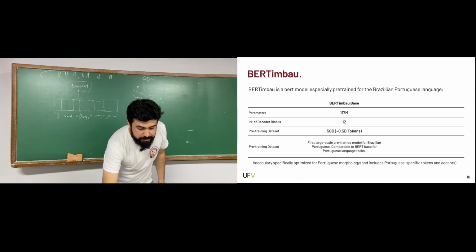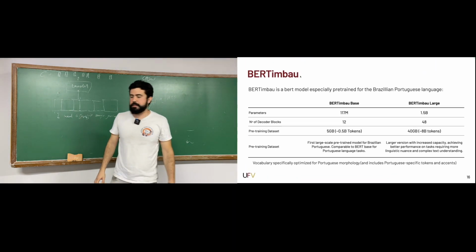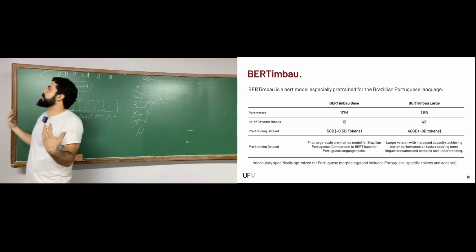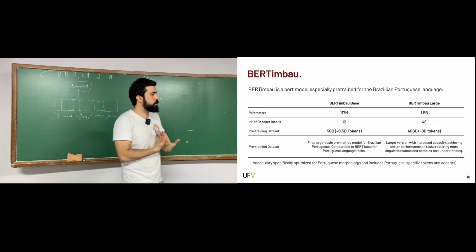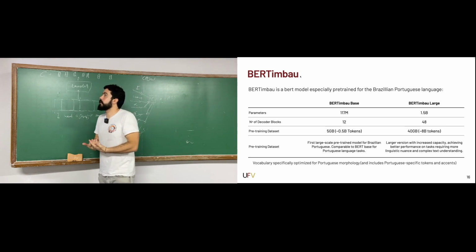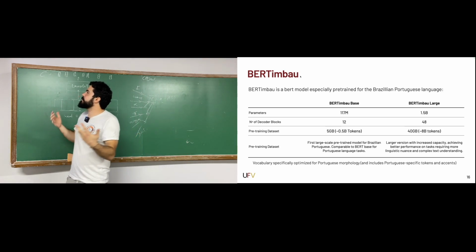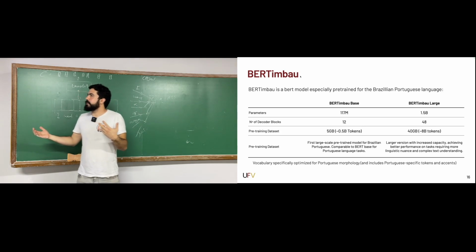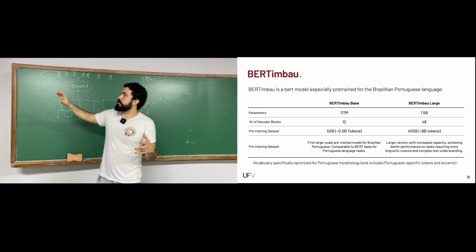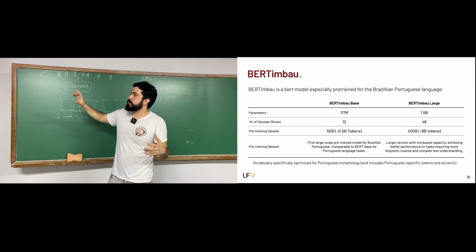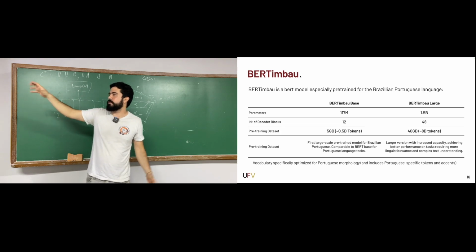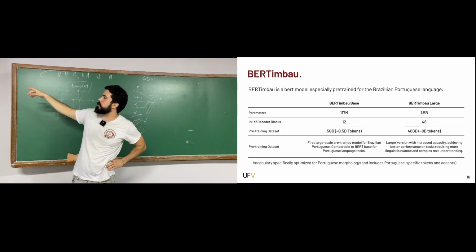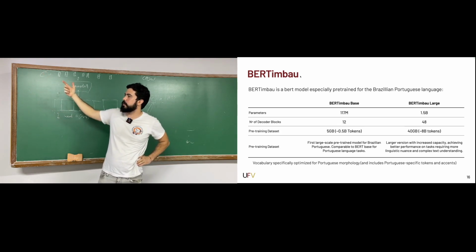Basically, BERTimbau is highly similar to the original BERT, but trained on a Brazilian Portuguese corpus. So you have BERTimbau base and BERTimbau large. They have roughly the same number of parameters as the original models, if I'm not wrong. The dataset size differs: 5 gigabytes for the base model, 40 gigabytes for the large model.